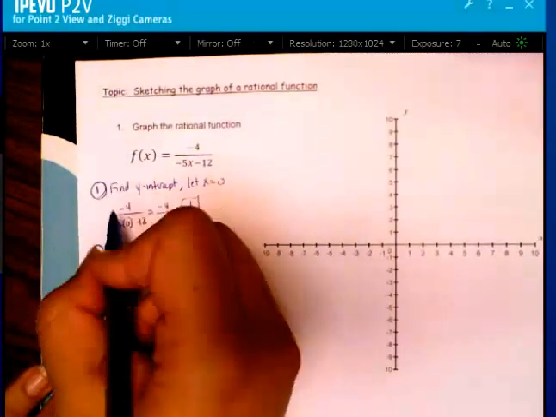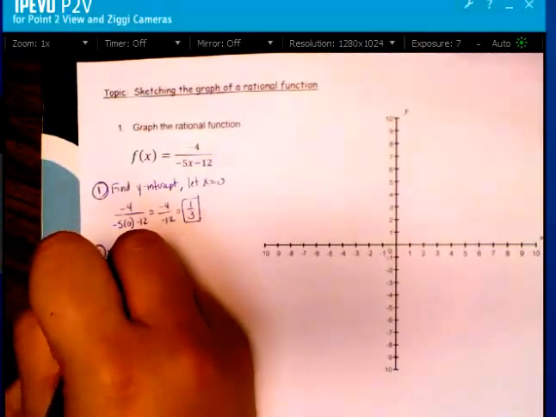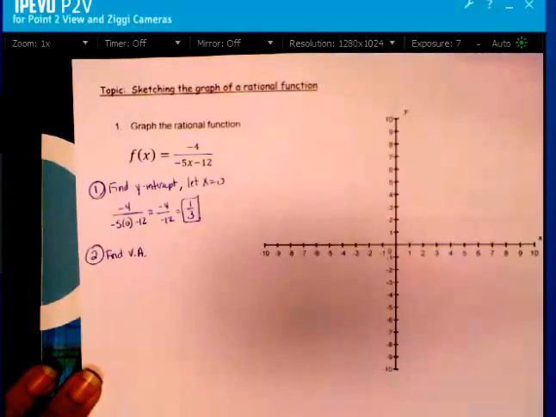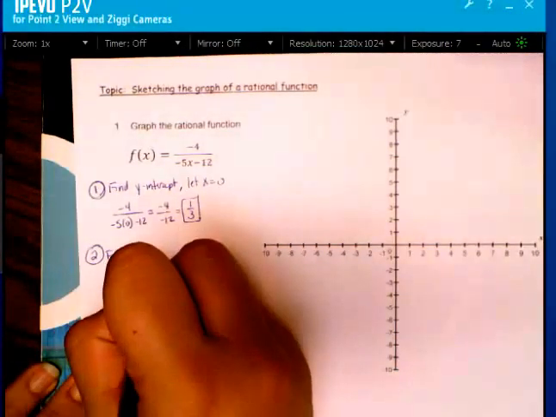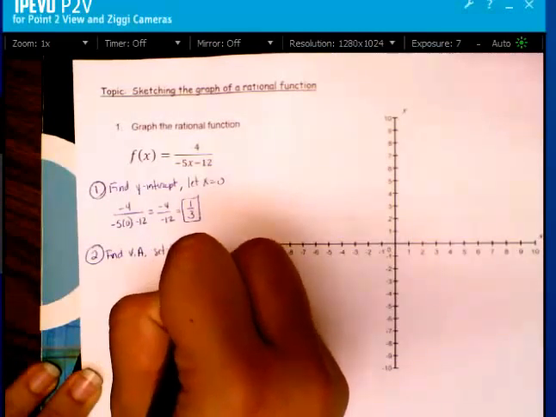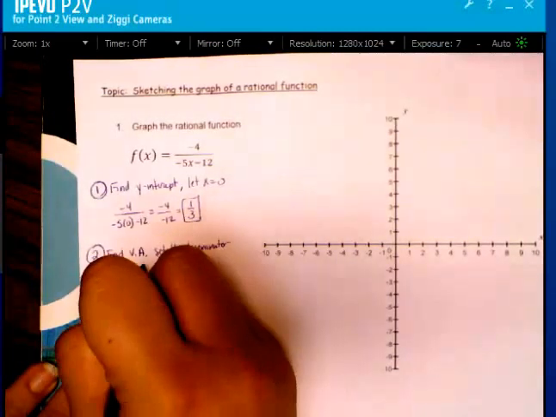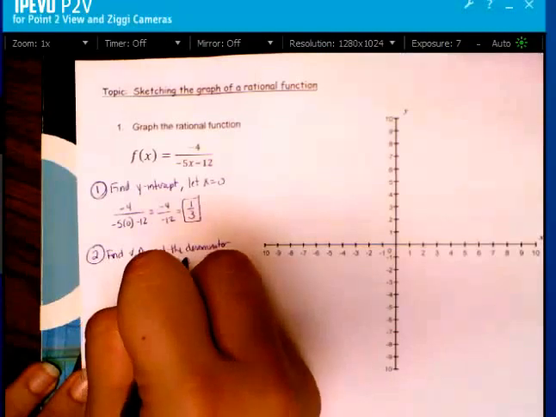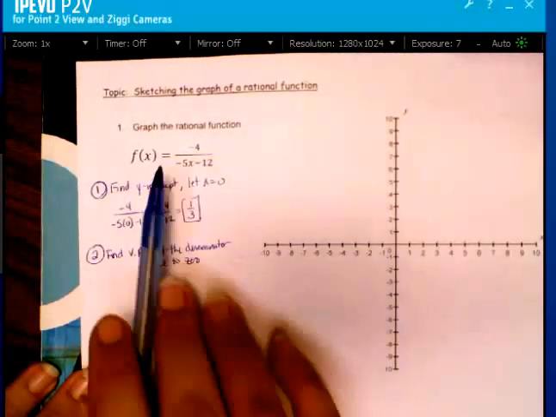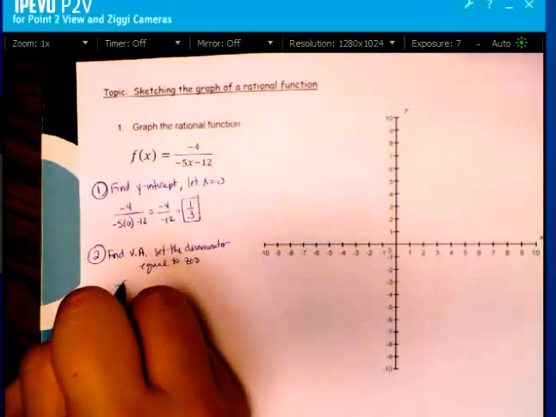The second step is to find vertical asymptotes. I abbreviate that VA for vertical asymptotes. In order to find the vertical asymptote, we're going to set the denominator equal to 0, because remember we talked about that's where the domain doesn't exist, so that's where our vertical asymptotes occur.